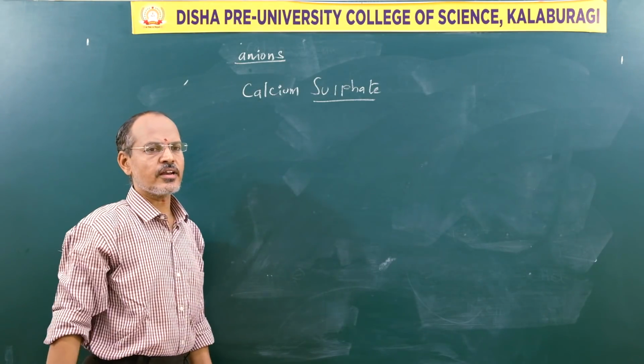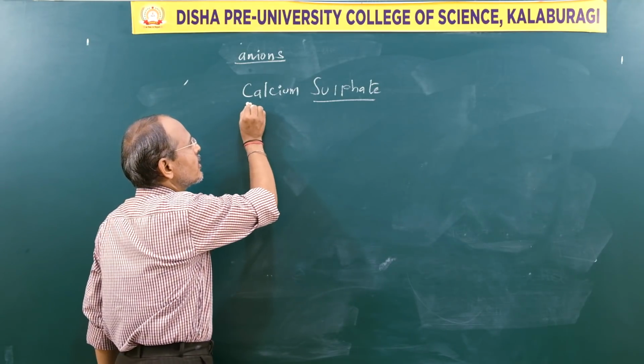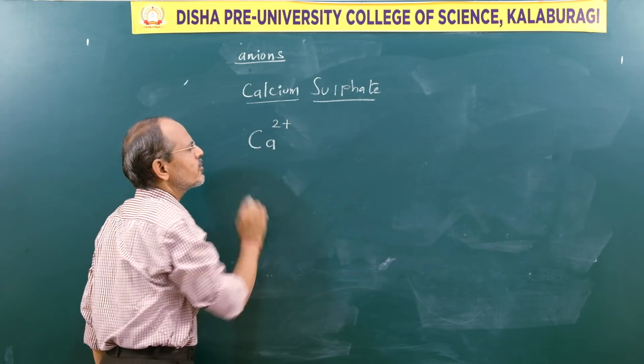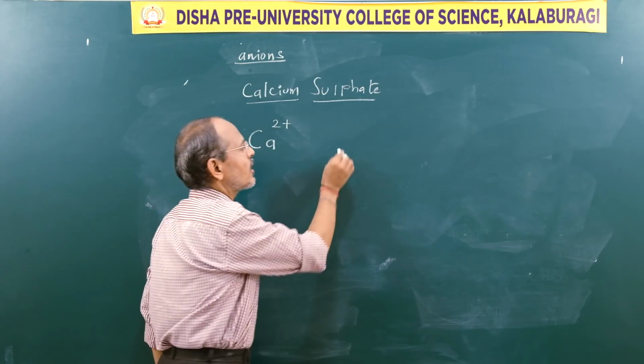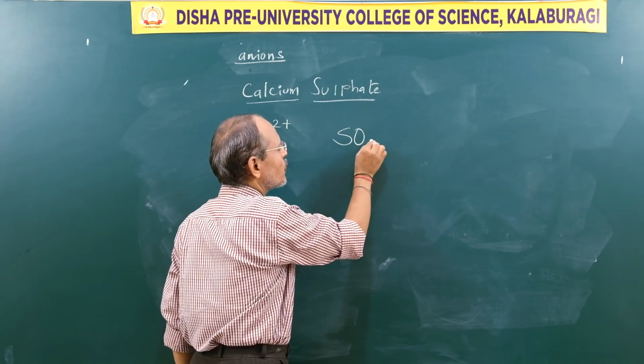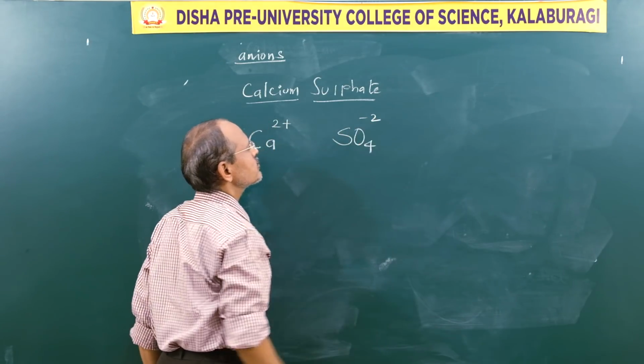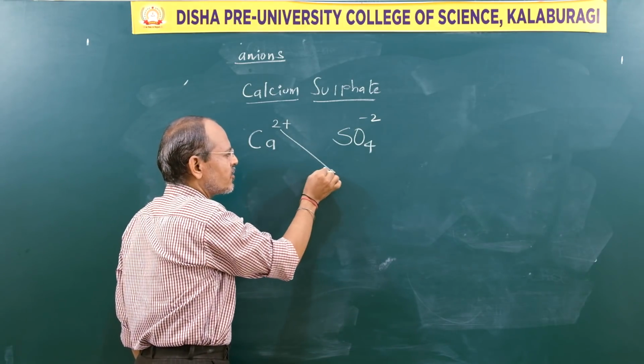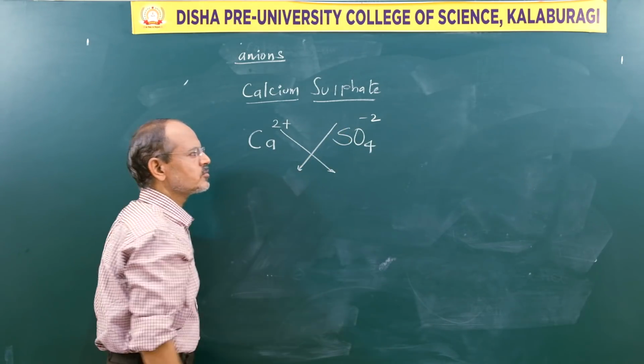Calcium sulfate. You know already calcium is Ca2+ and sulfate is SO4 2-. Here exchange the valencies, not the charge.